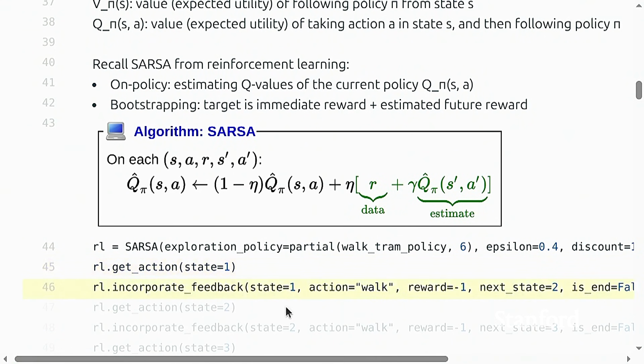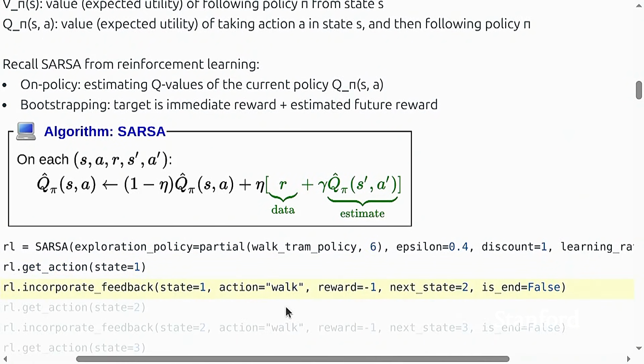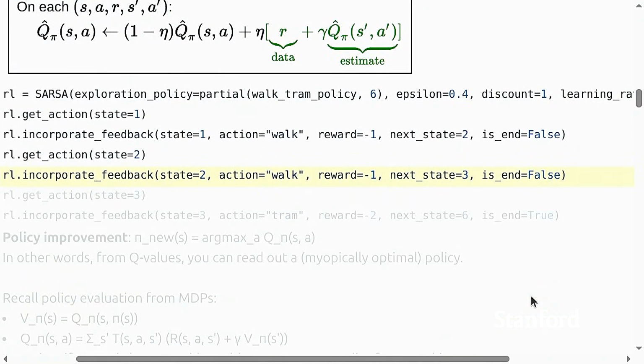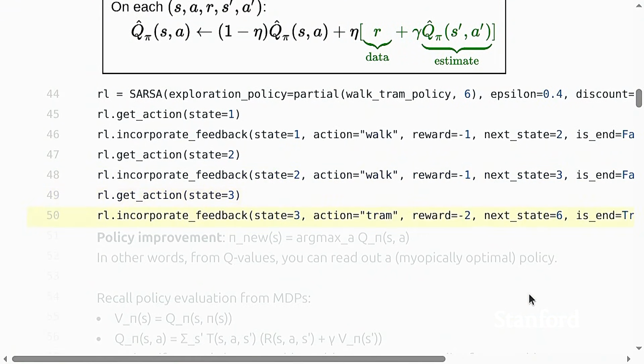And then I incorporate feedback, which tells the agent what happened. So incorporate feedback: state 1, I walked, I got a reward of -1, and I end up in state 2, and I haven't finished, and so on and so forth. So get action, incorporate feedback, get action, incorporate feedback.